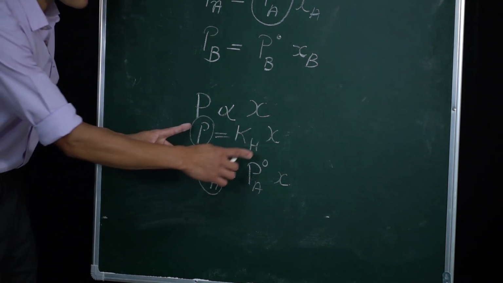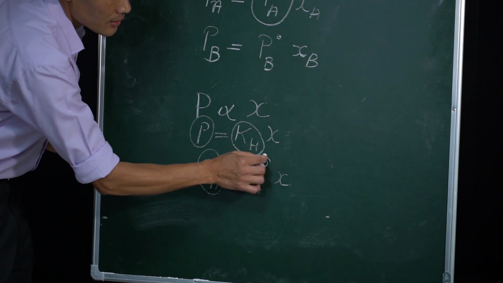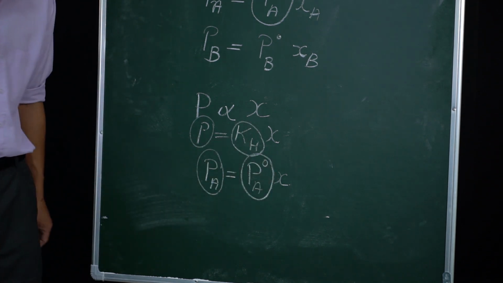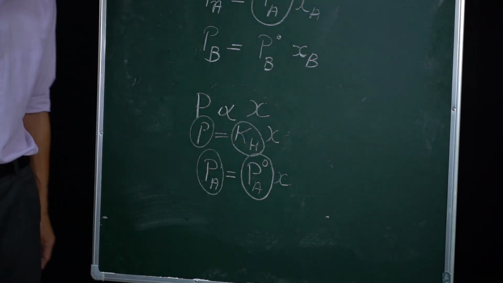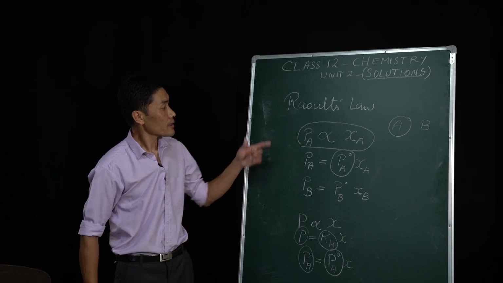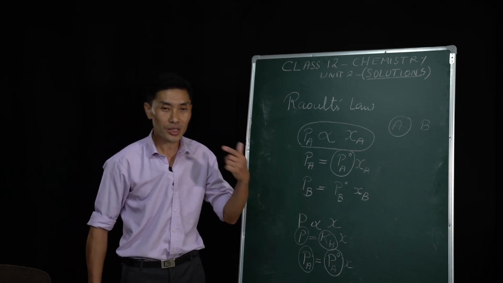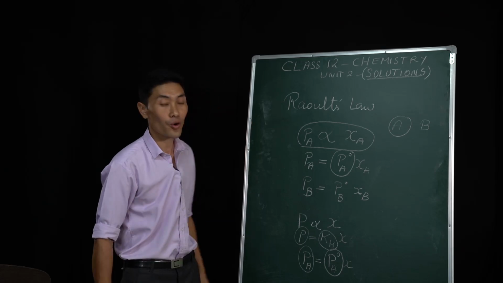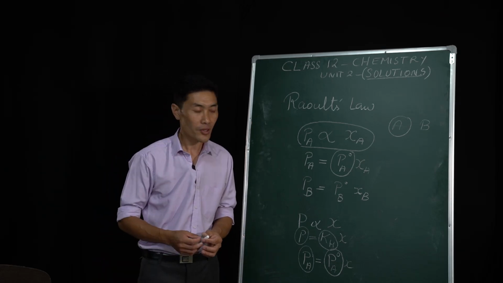So the only difference between these two is the constants that we use to multiply the mole fractions. Therefore, this Raoult's law is said to be a special case of Henry's law, or a modification of Henry's law.